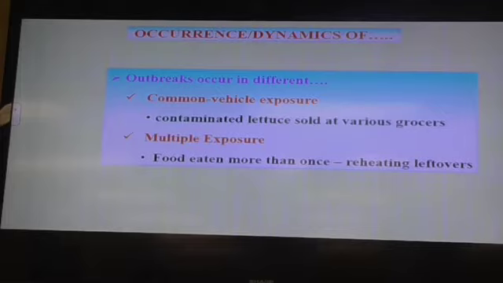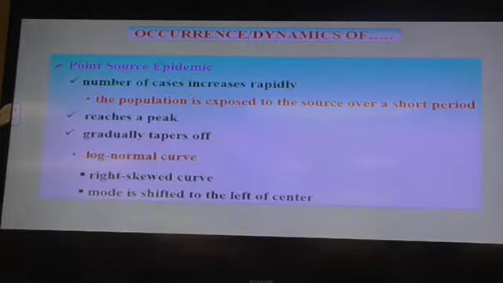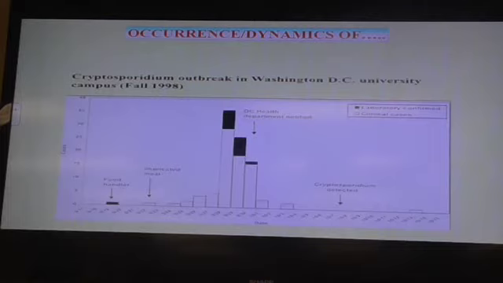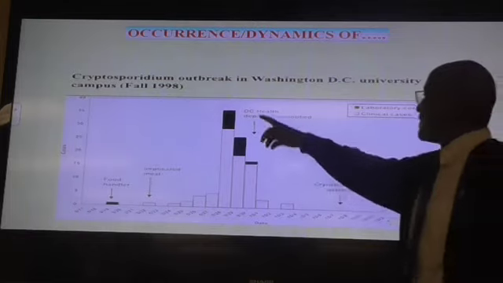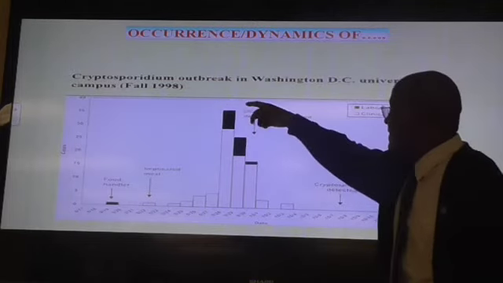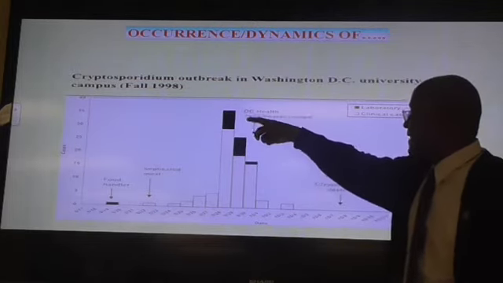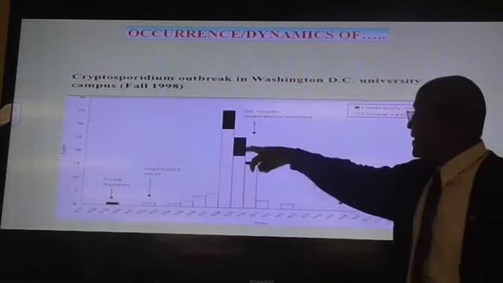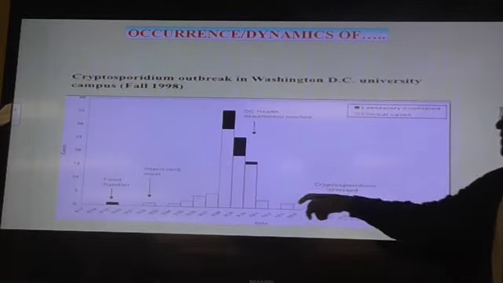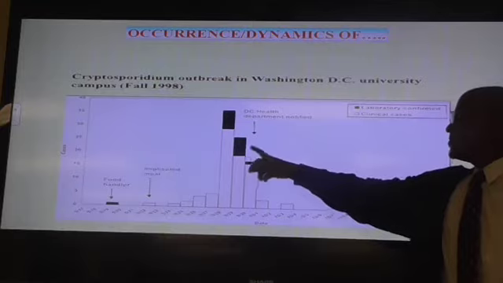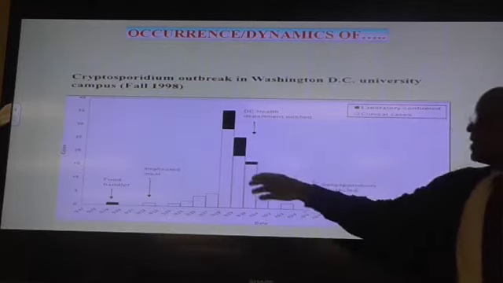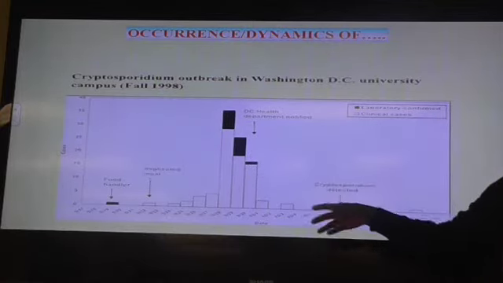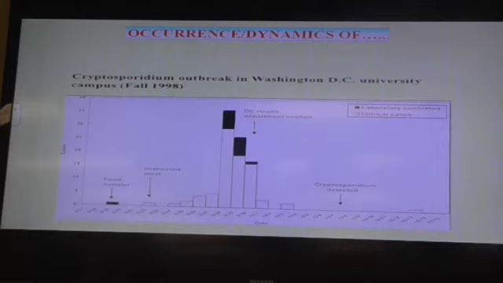So this is the characteristic of what we call common source epidemic. It peaks very sharply and then gradually tapers off. And again, as I said, when I say the right side, depending on the intensity of exposure and also resistance of individuals, some individuals get disease later than the majority of the group.